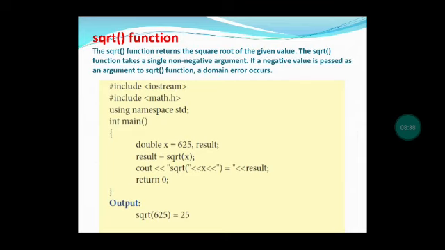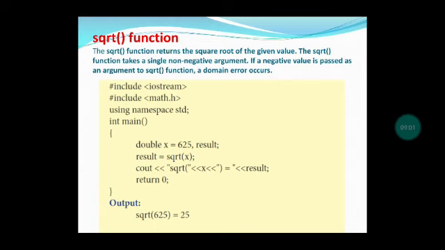By using the square root function we can find the square root of the given value. It has a single argument and we have to give a positive number. Here double x equal to 625 has been given and we are finding the square root of x. For the square root of 625, we got the result as 25.